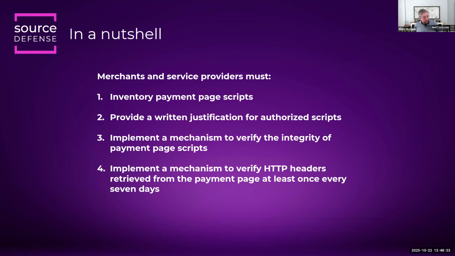And then if you're a merchant, your web page where that form is embedded also has to be compliant. So if you're a PSP, you need a way to prove you're doing this stuff on the screen and to prove it to your merchants. If you're a merchant, you need a way to get from that PSP proof that they're doing it. And I think one of the easiest ways of doing that is obviously if you have a relationship or an implementation of something like Source Defense, because then that evidence kind of becomes nicely portable between both parties.